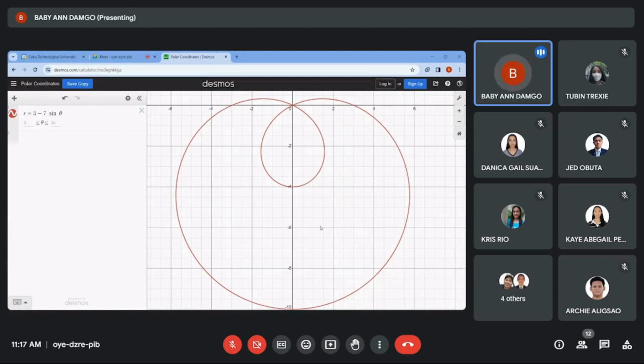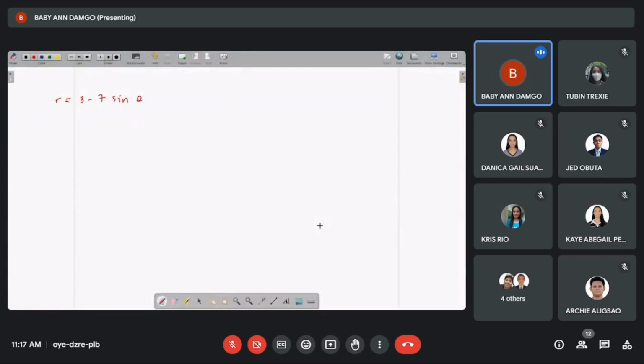Sige, another practice. We have r is equal to 5 plus 5 sine theta. Okay, once you're done, please send it to our group chat.